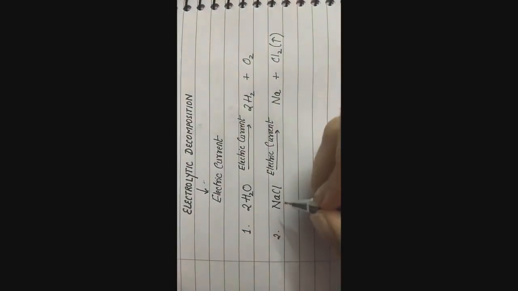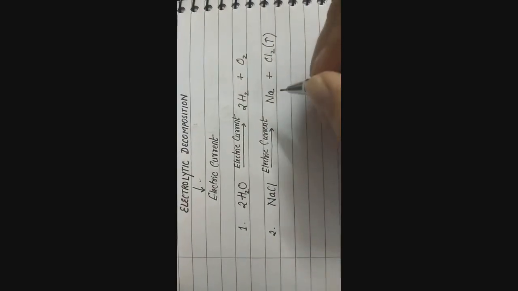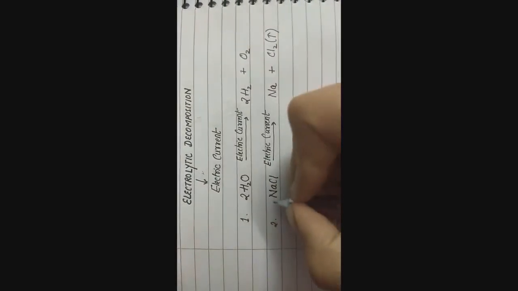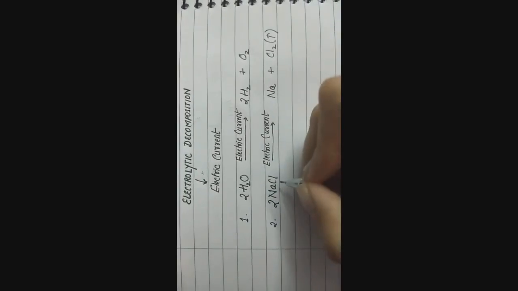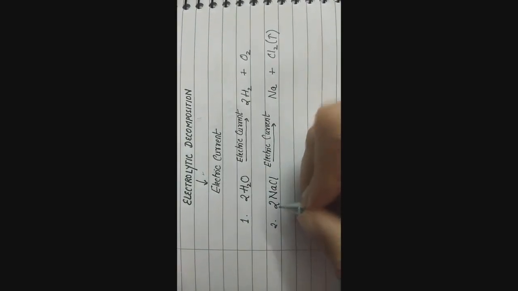On the left I have 1 sodium, on the right also I have 1 sodium. But chlorine atoms are not balanced, because on the left I have 1 chlorine atom and on the right I have 2 chlorine atoms. So let me put a 2 here, which makes my number of chlorine atoms 2, but my number of sodium atoms also becomes 2. So let me put a 2 here as well. Now my equation is balanced. So these are the examples of electrolytic decomposition reaction.